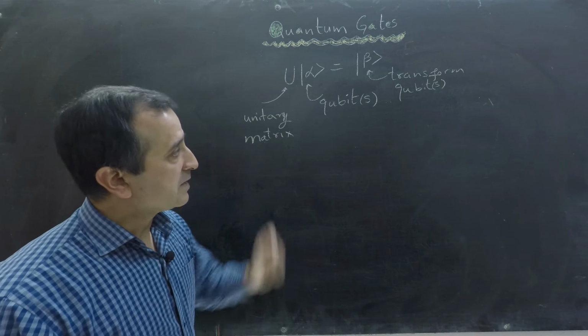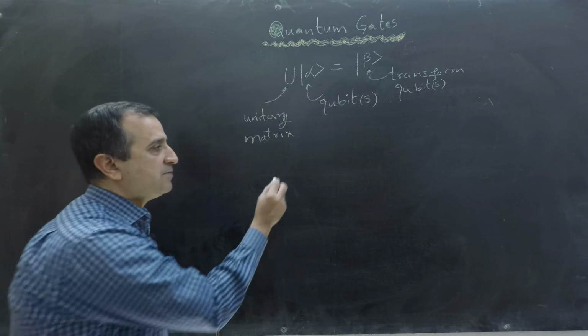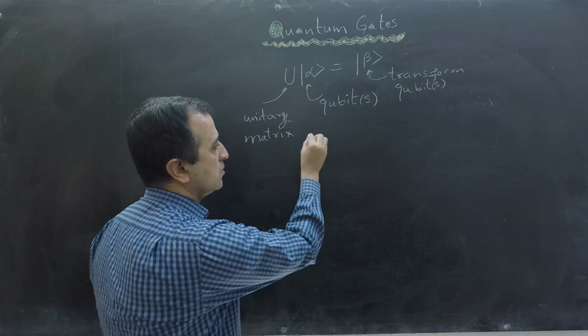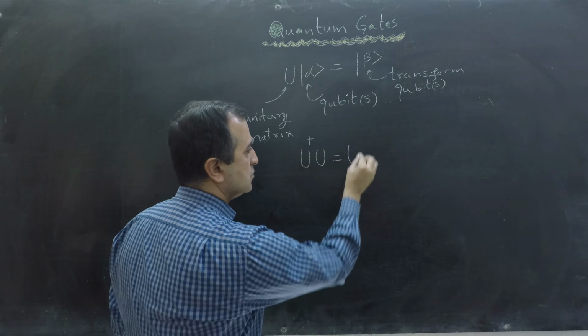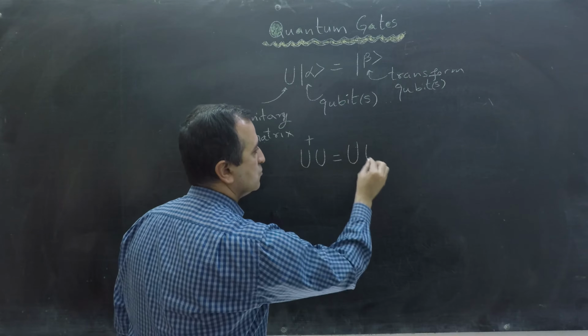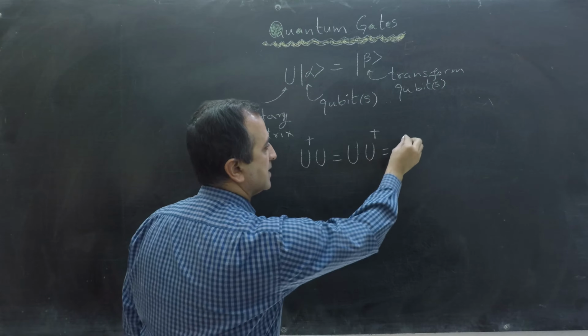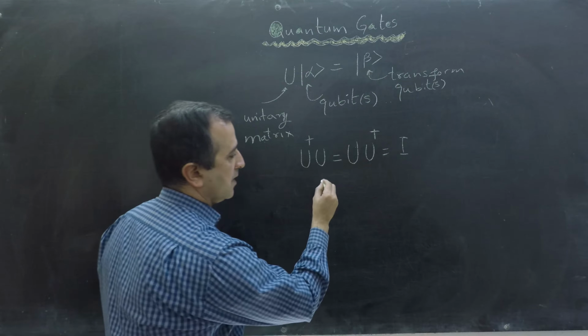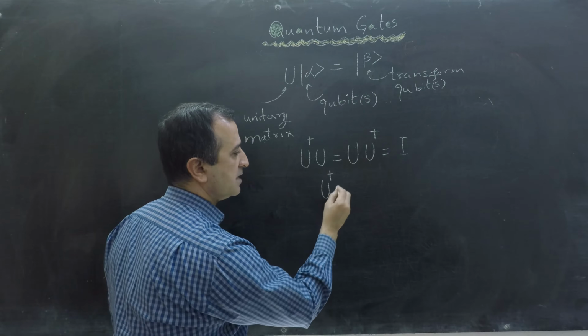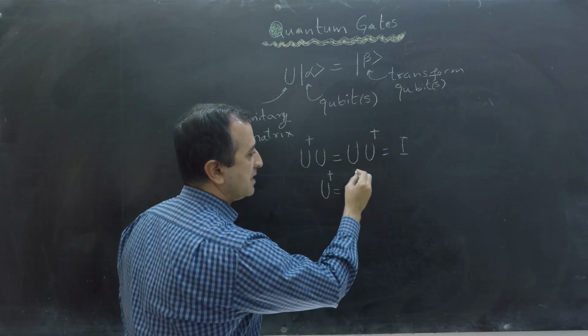Now, what is a unitary matrix? A unitary matrix is where U conjugate transpose times U is equal to U times U conjugate transpose is equal to identity. So you can say that in this case, my conjugate transpose is basically the inverse.